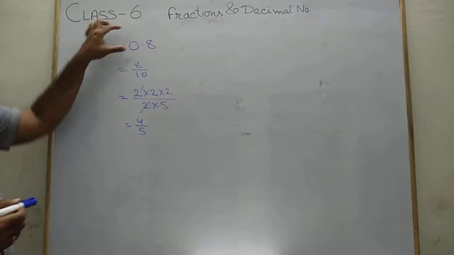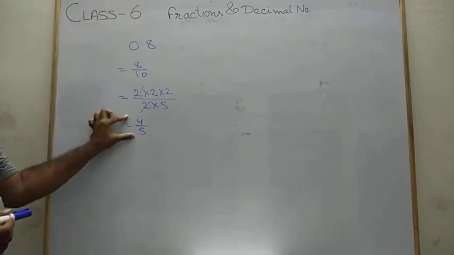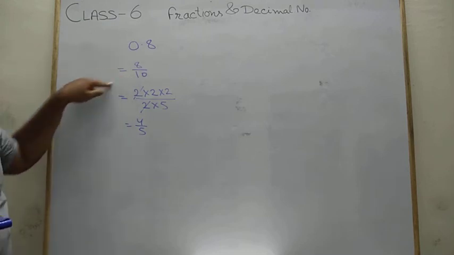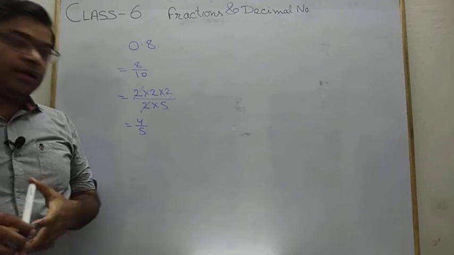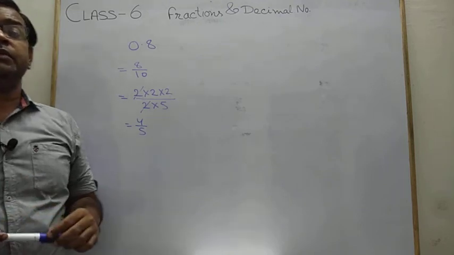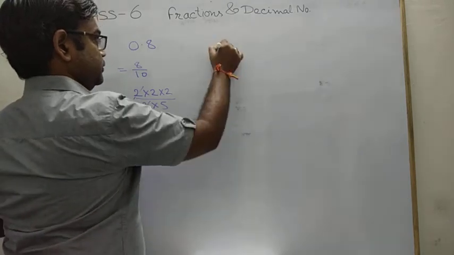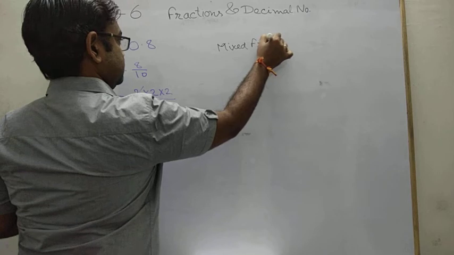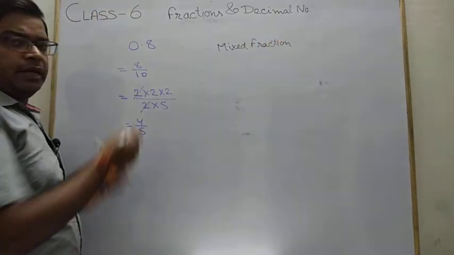So if the question says convert this decimal number into the simplest form of fraction, first convert into a decimal fraction, then simplify it. If the question says convert decimal numbers into a mixed fraction, it is the same as this one.